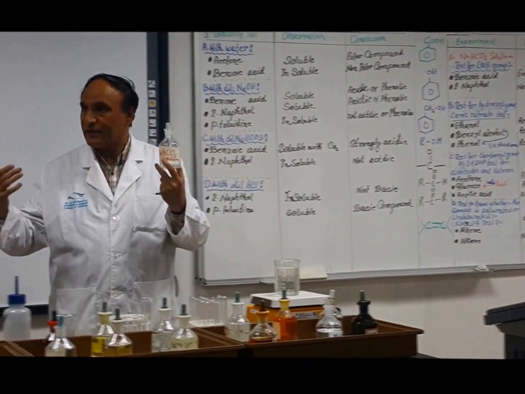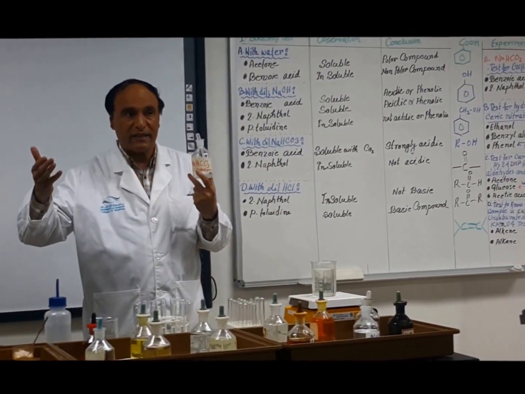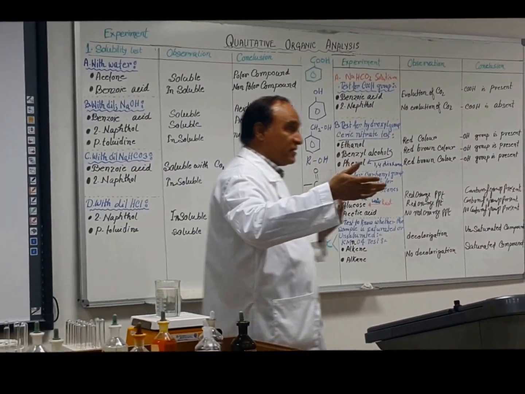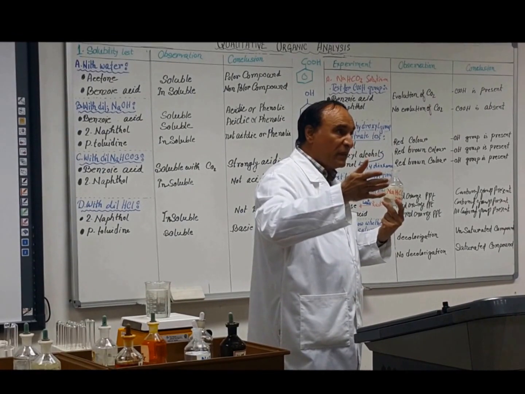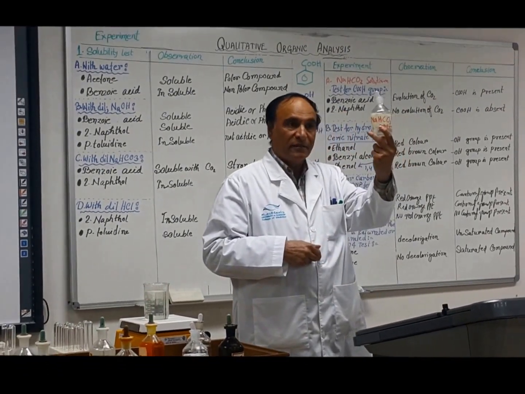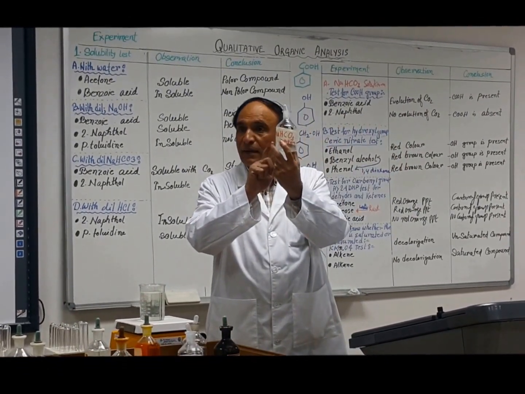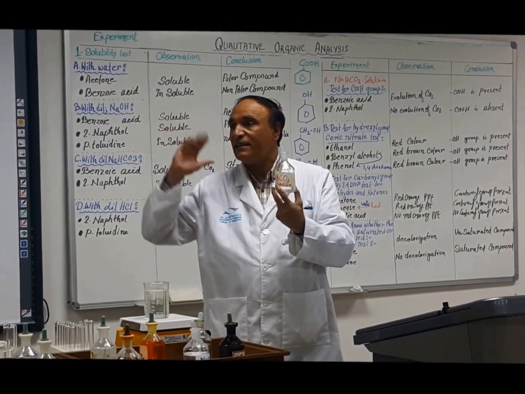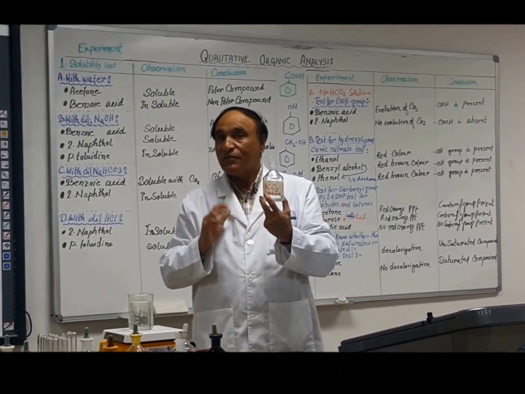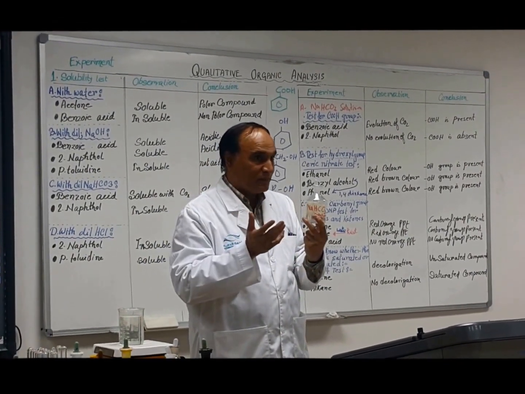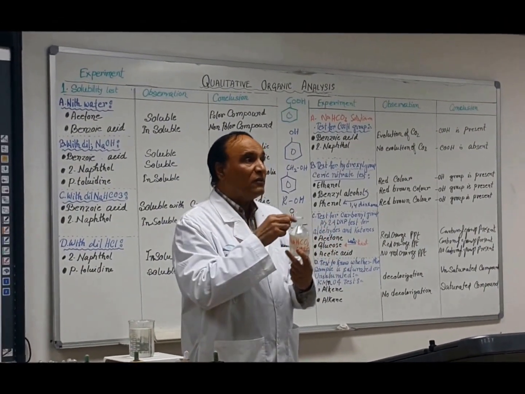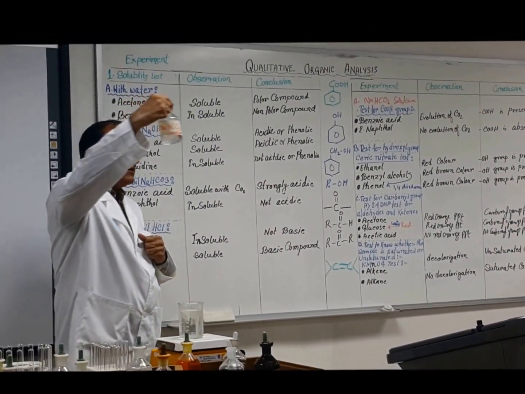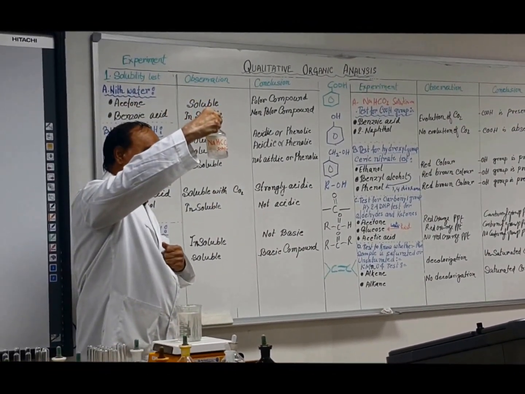Not only organic acids, but also inorganic acids like hydrochloric acid, sulfuric acid, nitric acid. If you do the test with sodium hydrogen carbonate, you will see effervescence, carbon dioxide going out. Which means this is an acid. Did you understand? So if someone asks you what is the test for an acid, always tell them to do the reaction with sodium hydrogen carbonate.